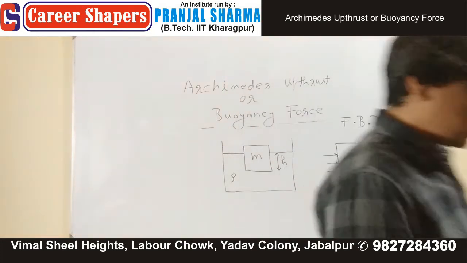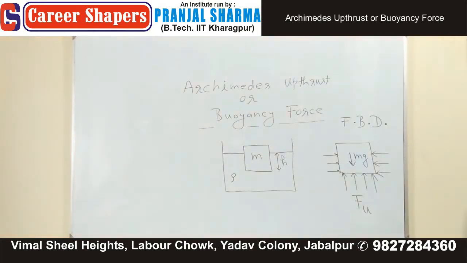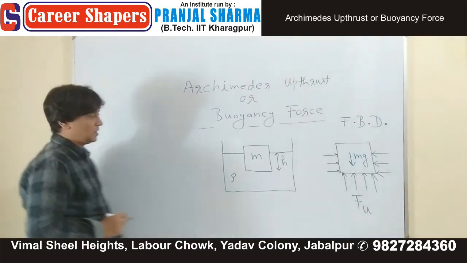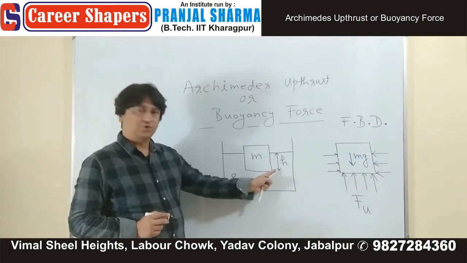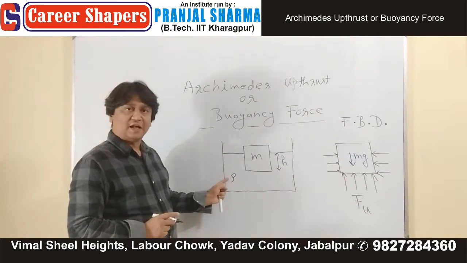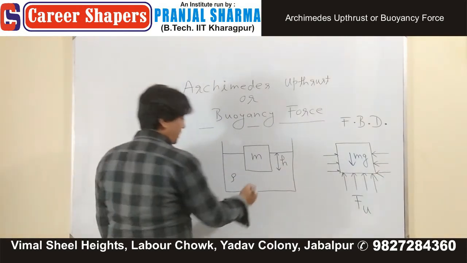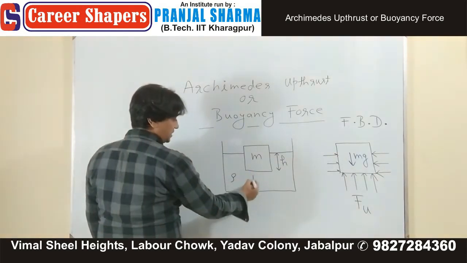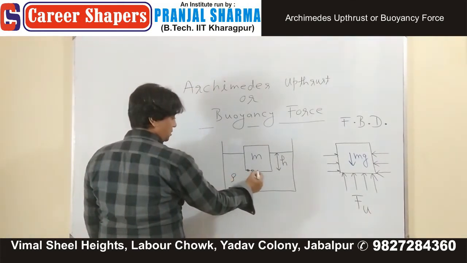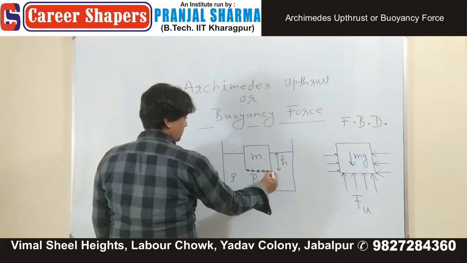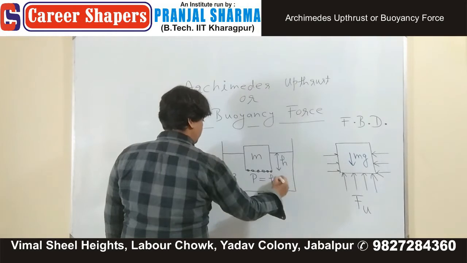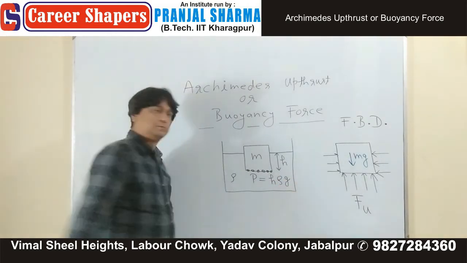Now, if you need force, you should have the idea of pressure. This is H. At a depth of h, in a liquid of density rho, you know that pressure at this place, pressure at the bottom of the block, right here, will be h rho g.